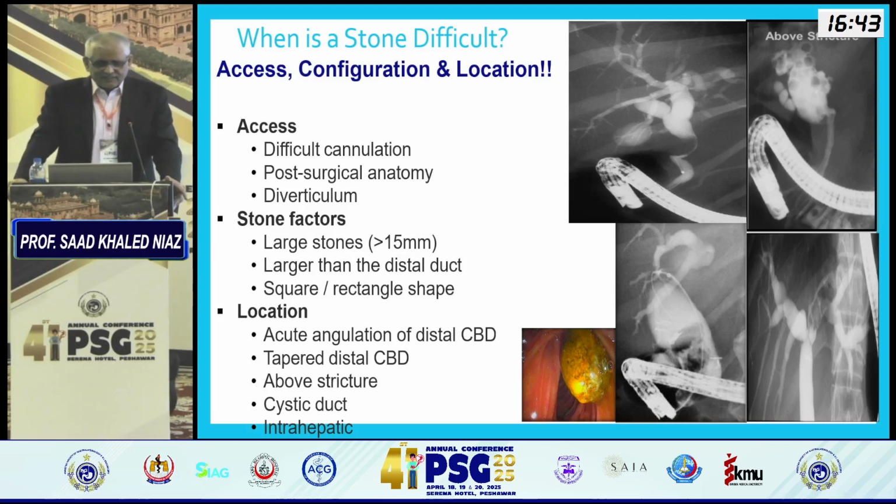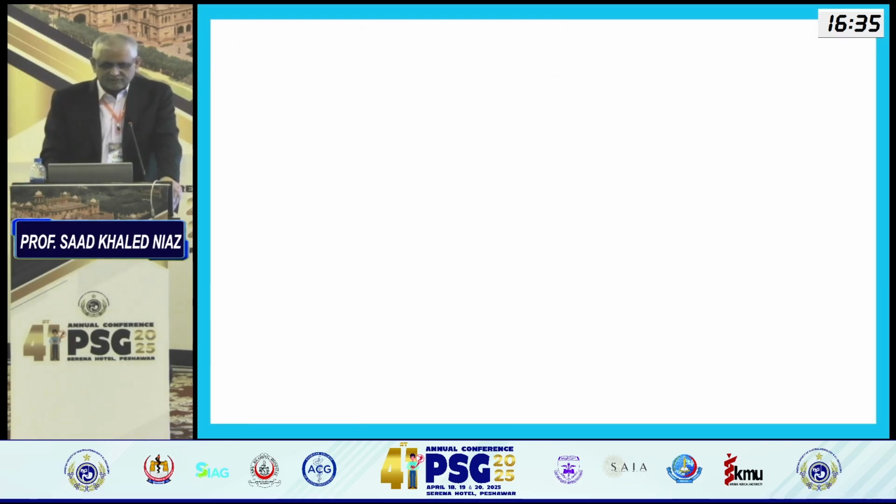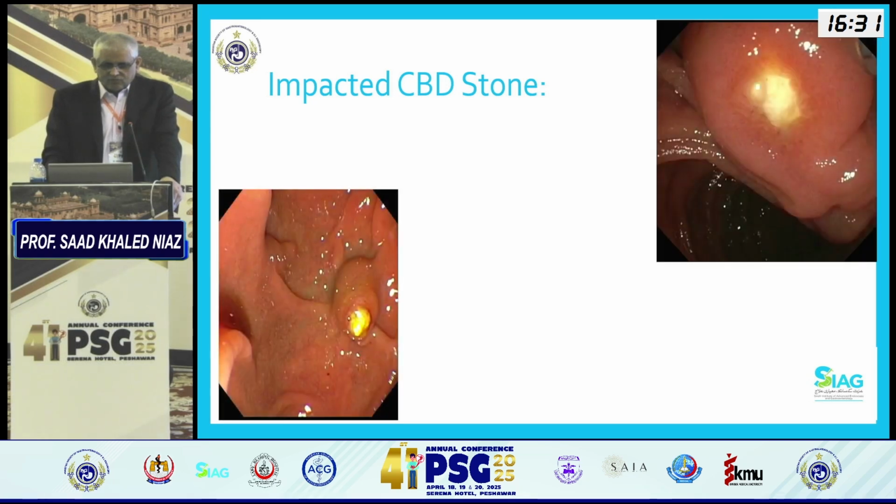As we mentioned already, large stones and shape we've already discussed, and you can see samples there. That's an example of an impacted stone. If you have experience, it's very easy; if you want to do a fistulotomy, this is a very simple case for a fistulotomy or needle knife.